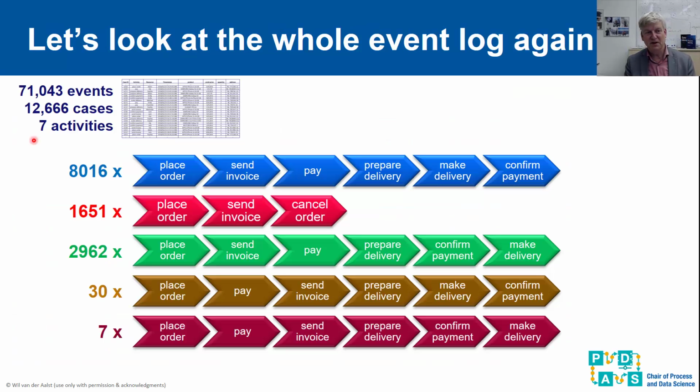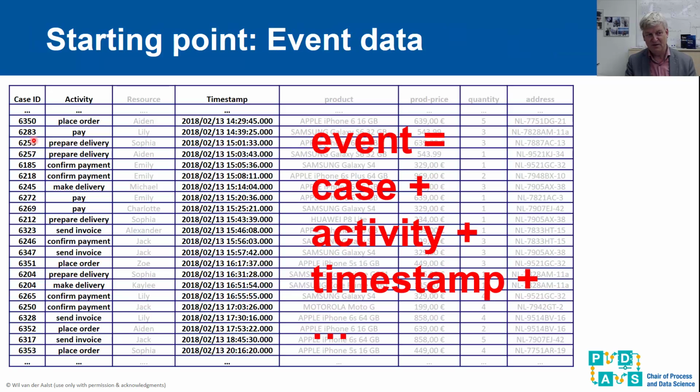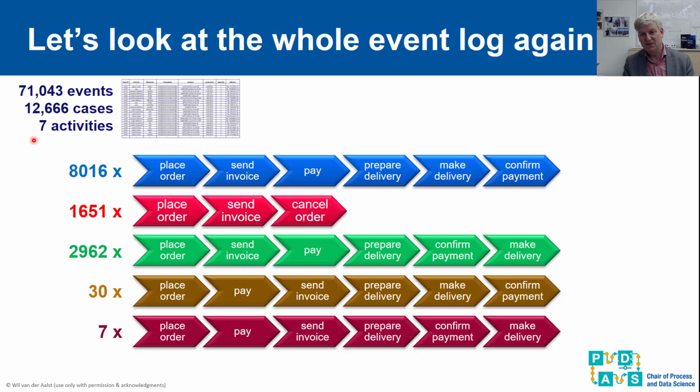So now that we understand event data, it's easy to understand that we can convert the data that I was showing here to sequences of activities, where every sequence relates to one of the cases in our data set. In the table that I just showed, I was only showing a tiny fragment.